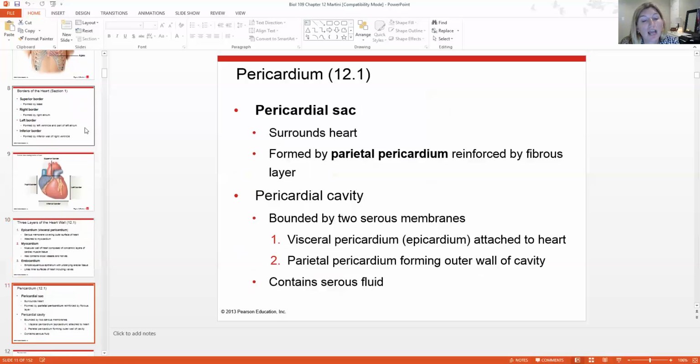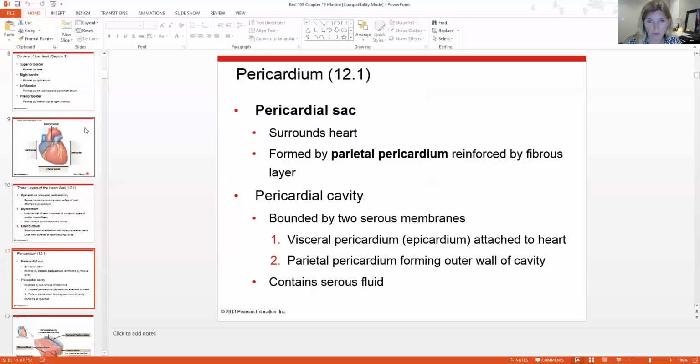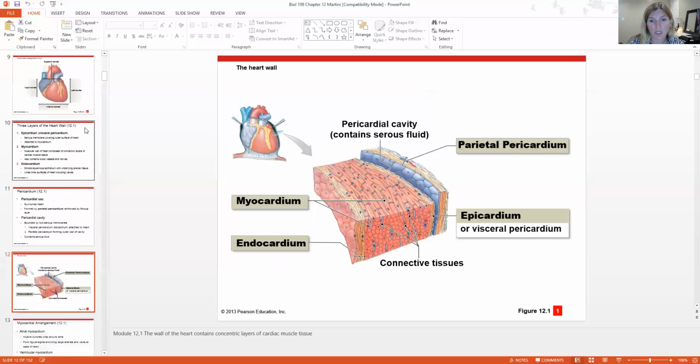The pericardial cavity is between the visceral and parietal pericardium, and it's filled with a serous fluid, pericardial fluid, basically just there to reduce friction between the two layers. So you have your parietal pericardium, which is very thick, fibrous. Then you have this pericardial cavity with the serous fluid, the pericardial fluid, the epicardium, myocardium, and the endocardium is the deepest layer.